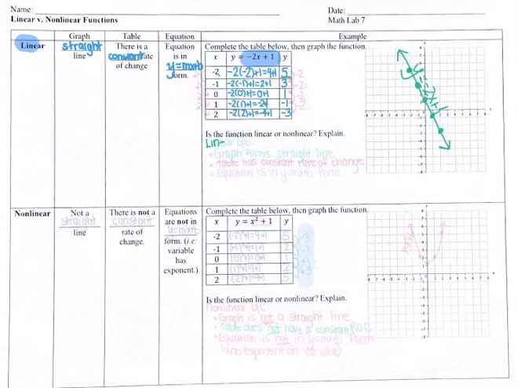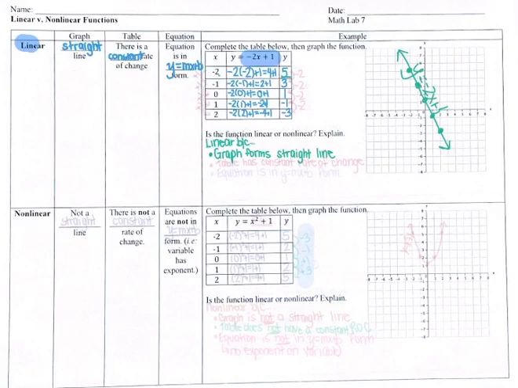If we look at the graph, it forms a straight line. We're going to say graph, line.